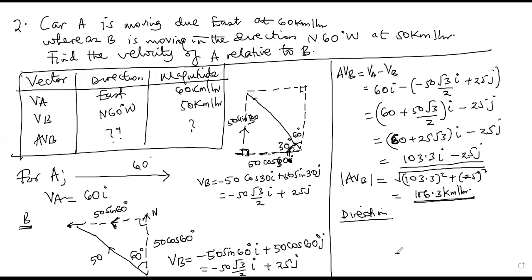So we have positive 103.3. Then negative j, because we have negative 25j. So one can move this side to negative 25, or you can draw the positive j, but then you move down like this. So this is 25, but you don't put a j, just say 25. Then you complete.